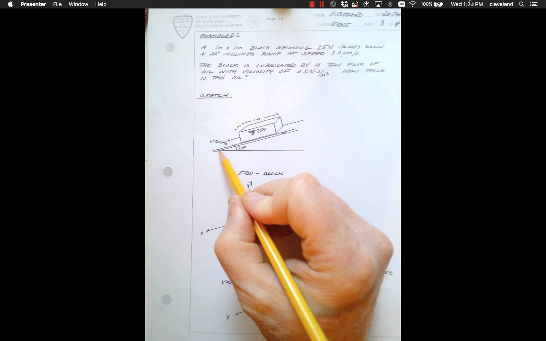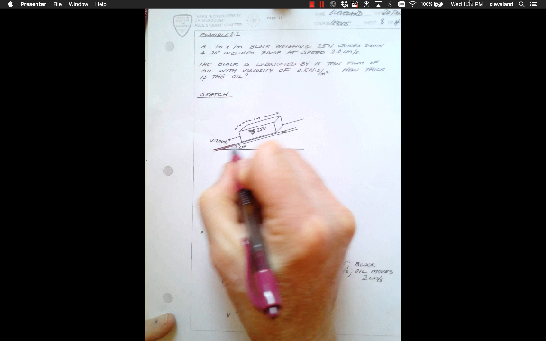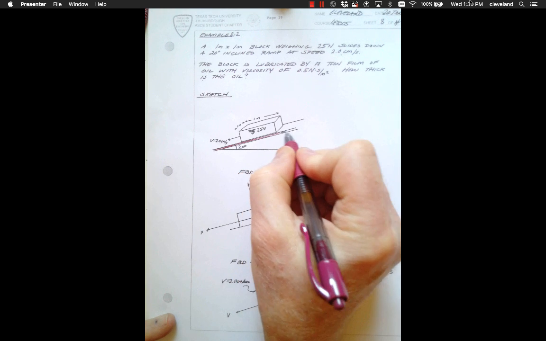The block is lubricated by thin oil. Good oil color. So it's going to be magenta oil number 3. And here's our thin oil. See the word oil right there. And we want to determine how thick the oil must be if the viscosity is 0.5 newton seconds per meter squared.